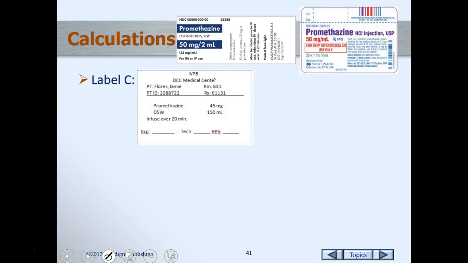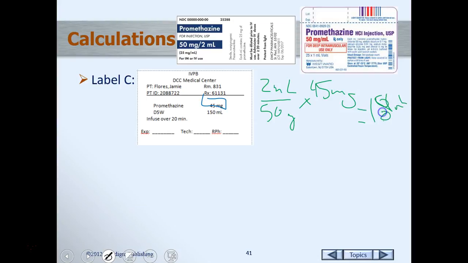All right, so this one is for 45 milligrams. So we have 2 milliliters over 50 milligrams. And that would be 1.8 milliliters.